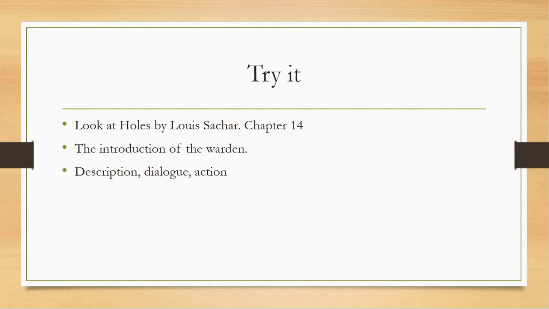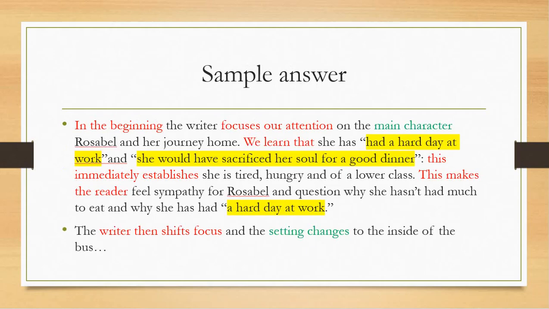He then adds dialogue. He then adds action. So the description creates an image in our minds of what this warden looks like. The dialogue shows us how she interacts with other characters, and then the action shows us the physicalities, what she does to characters. So look at Louis Sachar chapter 14, the introduction of the warden, and have a go at your structural response.